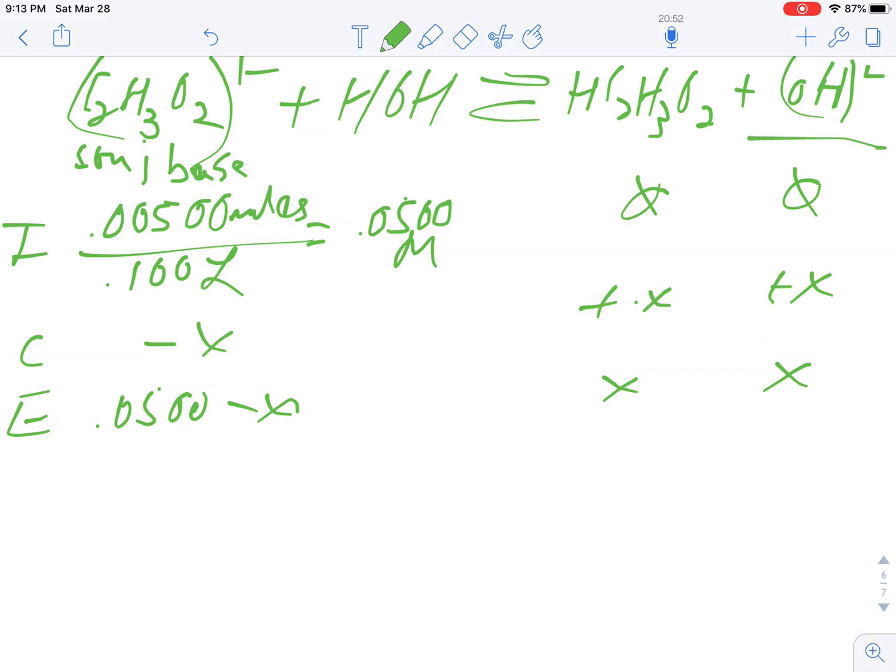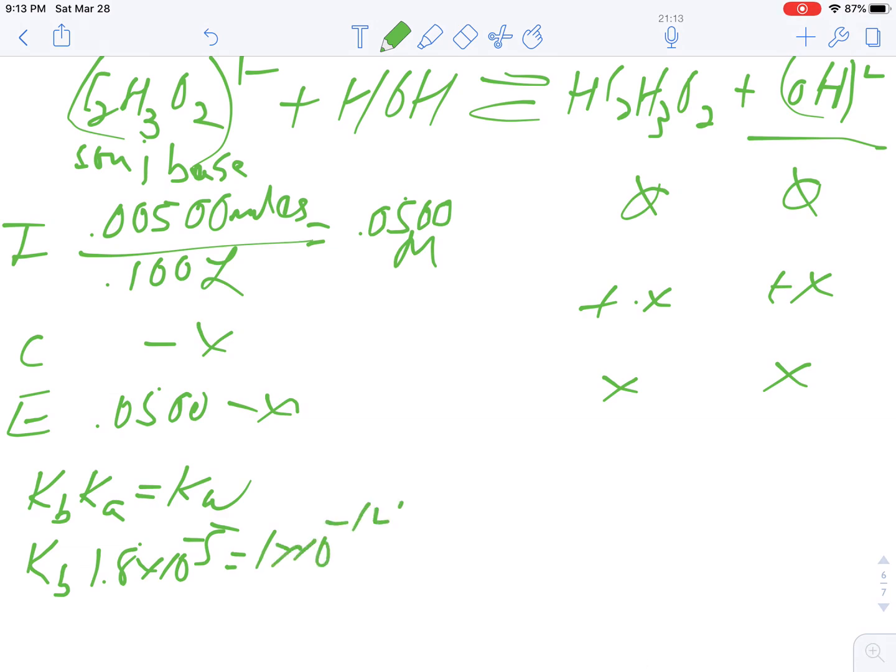But we are producing a base, so this is a Kb problem. So I'm going to have to find my Kb. And my Ka is 1.8 times 10 to the negative fifth. So my Kb, all right.